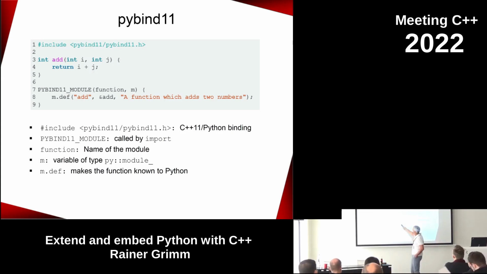This is called by import, this call here. Here, this is my module, M, and I bind something to it. What do I bind to it? I say, from Python, I want to invoke add, which dispatches to the add function here above, and this is the doc string, as before. This is all I have to do.